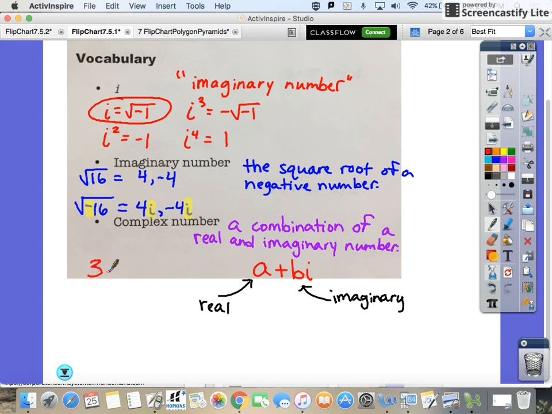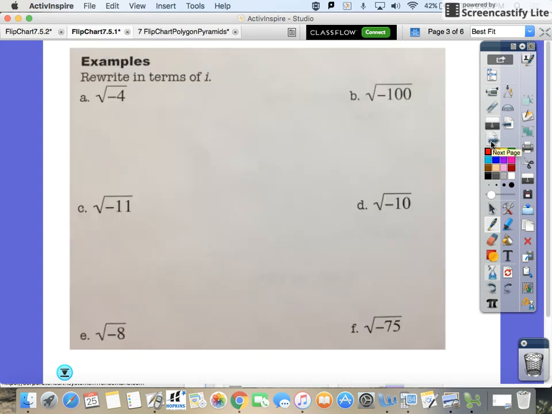So this is an example of a complex number. This is the real portion, and this is the imaginary portion. To look at a couple examples, if we look at A and B, these are the most common and simplest examples of imaginary numbers. The square root of 4, if this wasn't negative, would be 2 and -2.